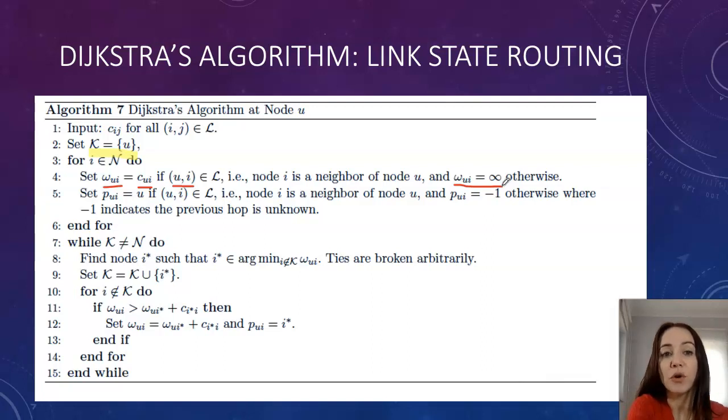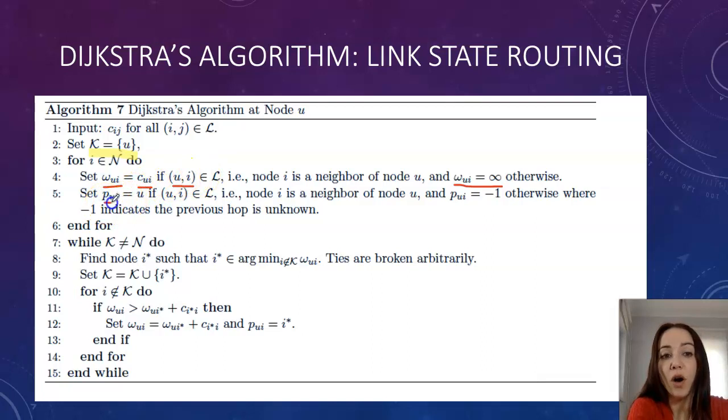So in other words, node U initializes the costs of all of its neighbors to the respective cost of those links because it already has a way of going to its neighbors in one hop.